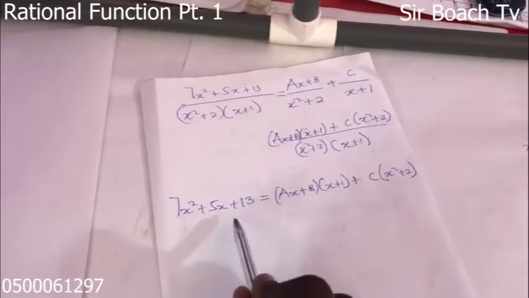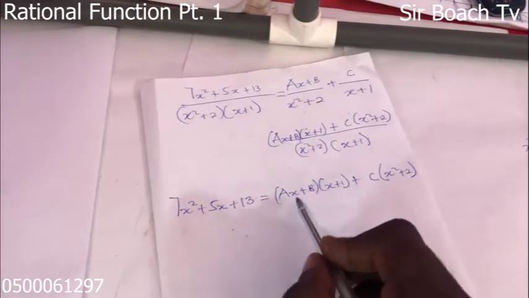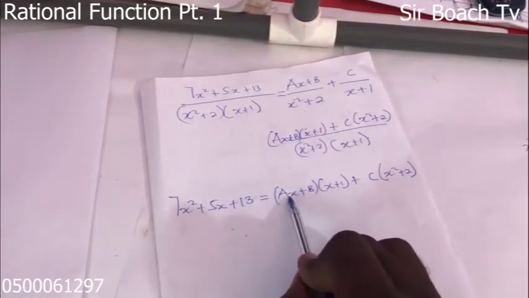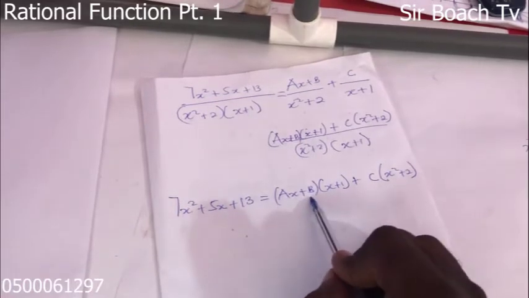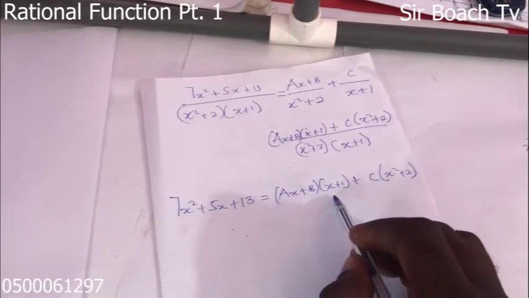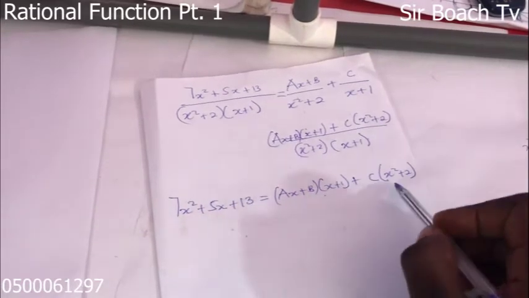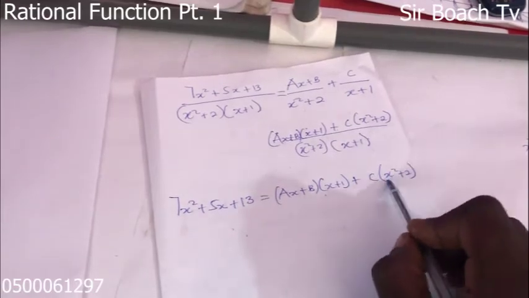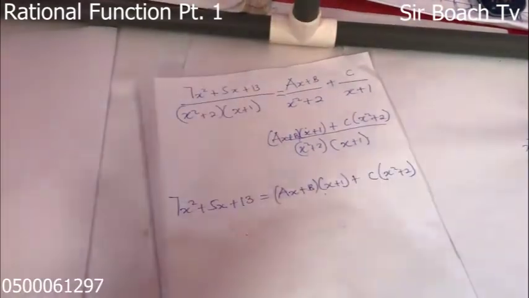So we will get 25 equal to, if I put 1 here, I'm going to get a plus b, then here will be 2, so I'm going to get 2 bracket a plus b. Then this side, if I put 1 here, I'm going to get 3c. So it means that all the variables are there if I use 1.